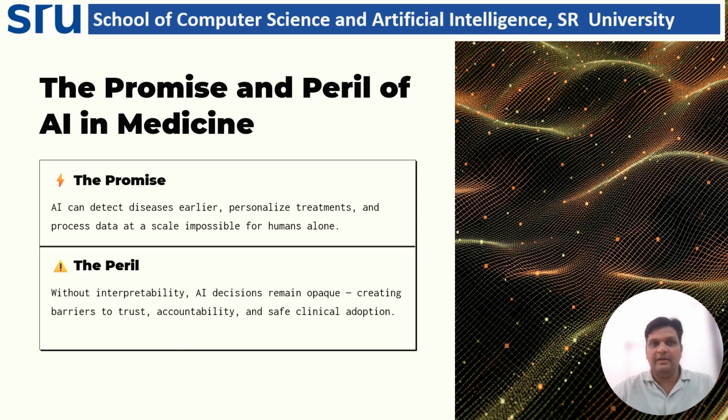Promise and peril of AI in medicine. Promise: AI can detect disease earlier, personalize treatment, and process data at a scale impossible for humans alone. The peril: without interpretability, AI decisions remain opaque, creating a barrier to trust, accountability, and safe clinical adoption.